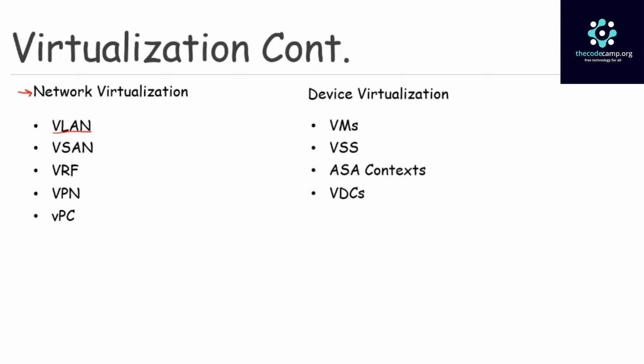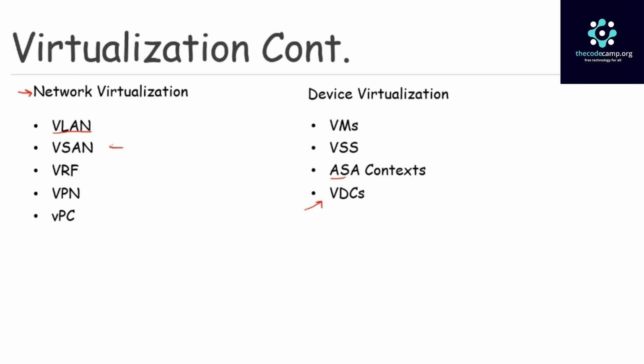Basically, that's essentially what's going on. It's not literal. There are other things that do this, like virtual device contexts on the Nexus and contexts on the Cisco ASA. But the virtual LAN is a type of virtualization.